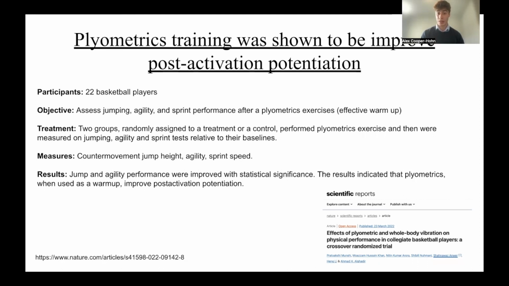So what they did was they subjected a group of basketball players to plyometric exercises, and then immediately looked at 4 and 12-minute performance metrics. So if you primed your muscles with plyometrics, i.e. if you did a plyometrics warm-up, how did your performance change? And the results were also statistically significant, where jump and agility performance were improved.